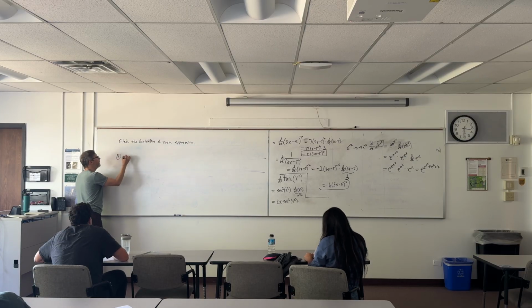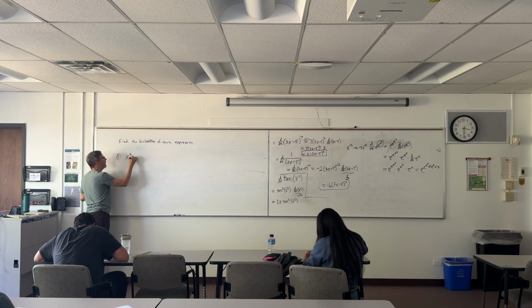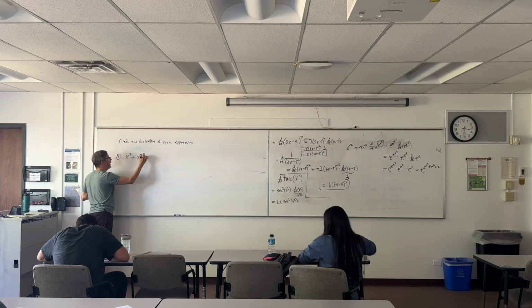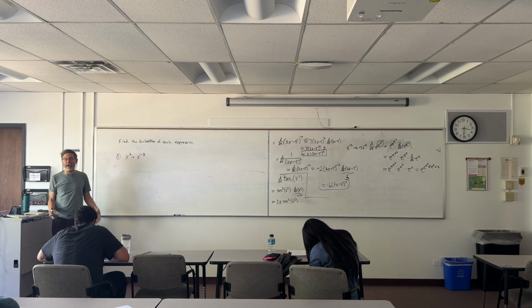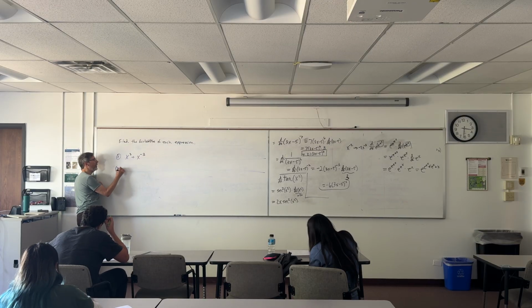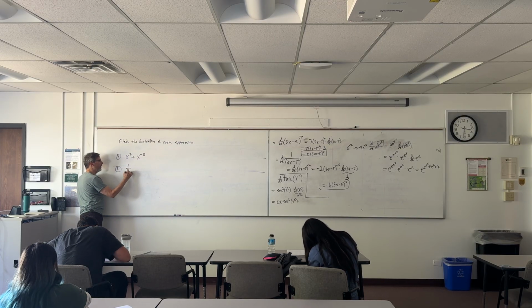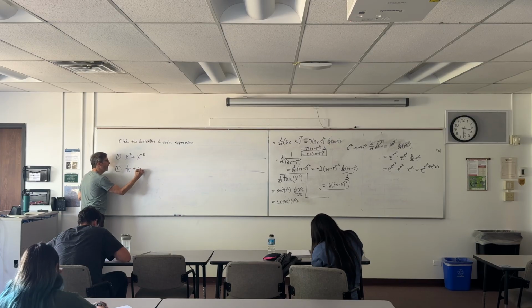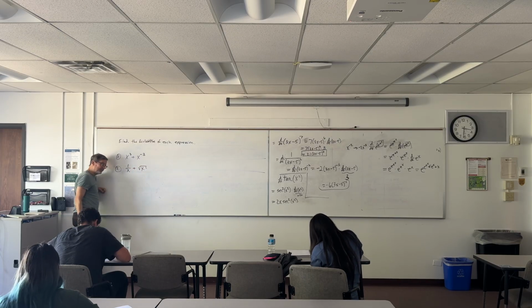The first one is x cubed plus x to the negative third. Some of you have probably already done that one in your head. That's okay. Number 2 is 1 over x plus the square root of x.